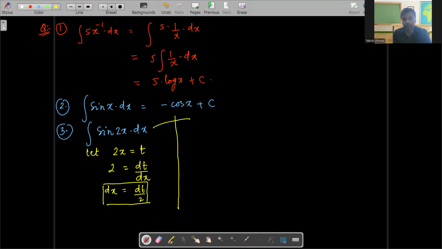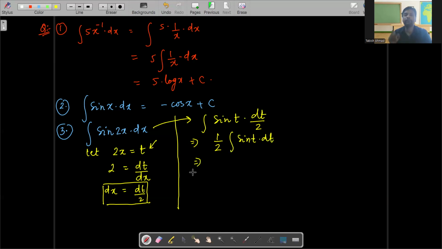Put it back into the question. Our question was this: the integration of sin 2x, that is sin t, dx is dt over 2. You got it. So this 2 is a constant and we can take it out of the integration: 1 by 2 times the integration of sin t dt.